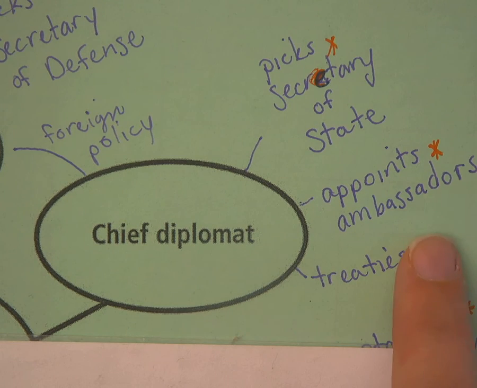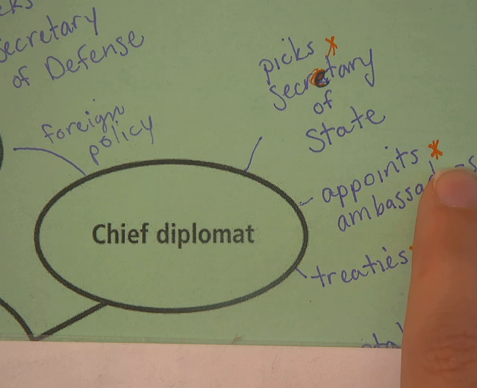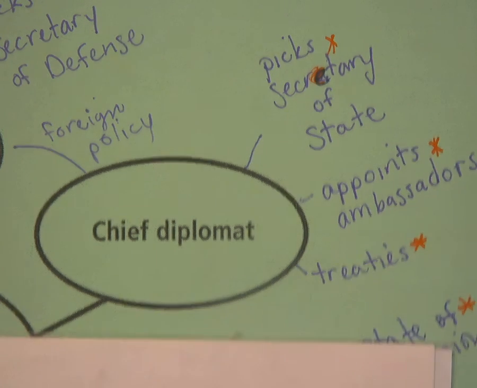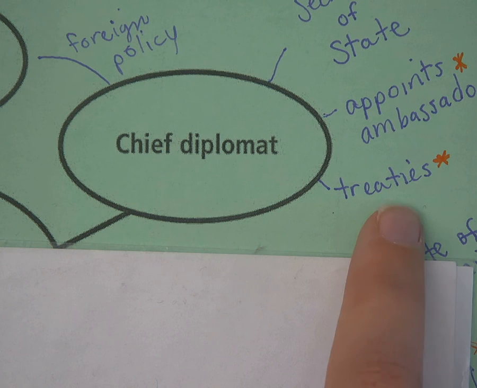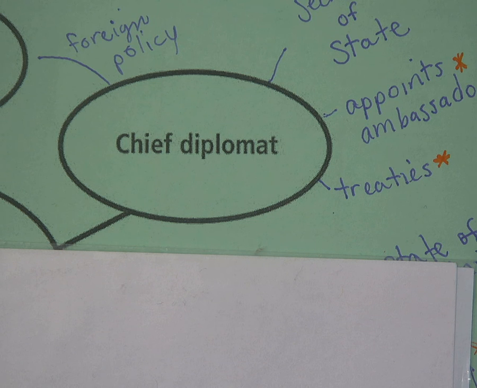He appoints ambassadors, which is in the Constitution and has to be confirmed by the Senate. He also makes treaties with other countries, which have to be affirmed by the Senate. A good example of a treaty that was not was Woodrow Wilson. You should have learned this last year in U.S. history.